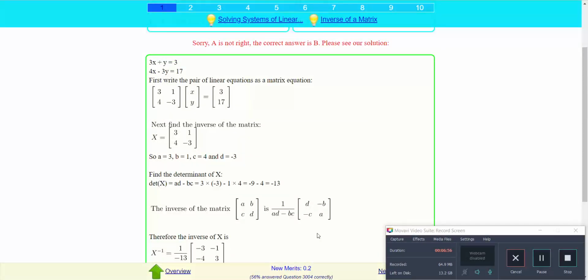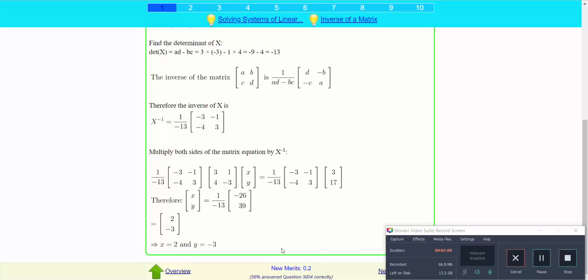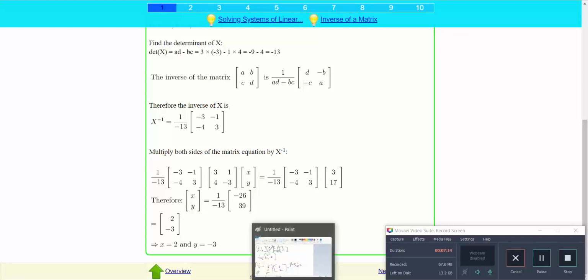We have A, B, C, and D. These are the values. So the determinant is 1 over negative 13. Okay, missed the sign on there. Okay, so basically what we've done is actually correct.